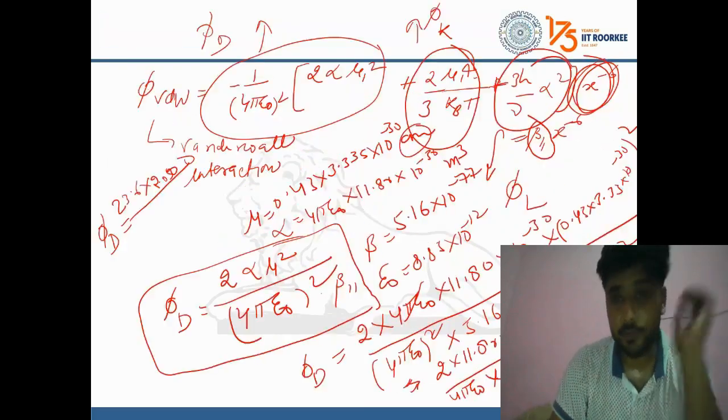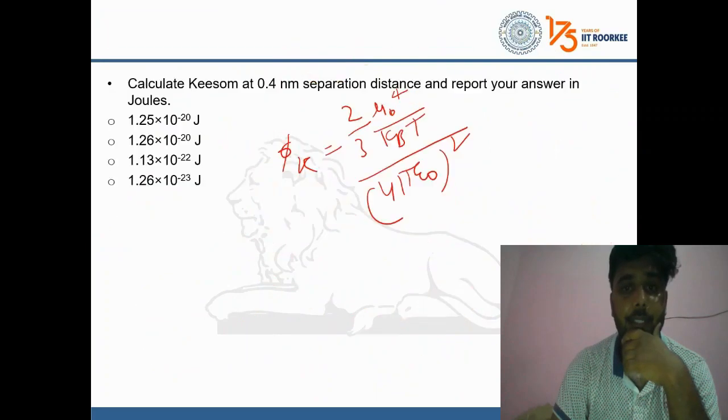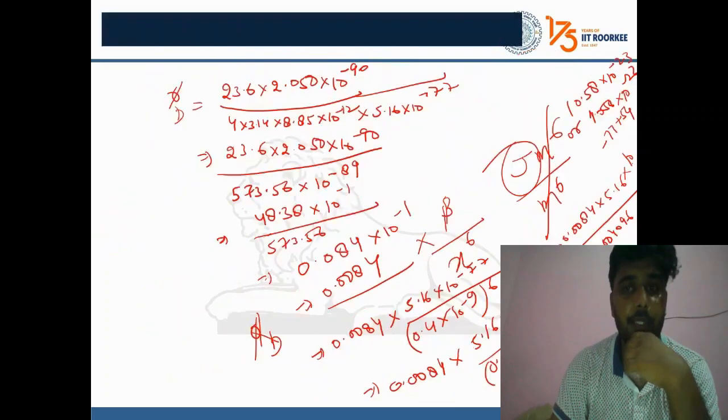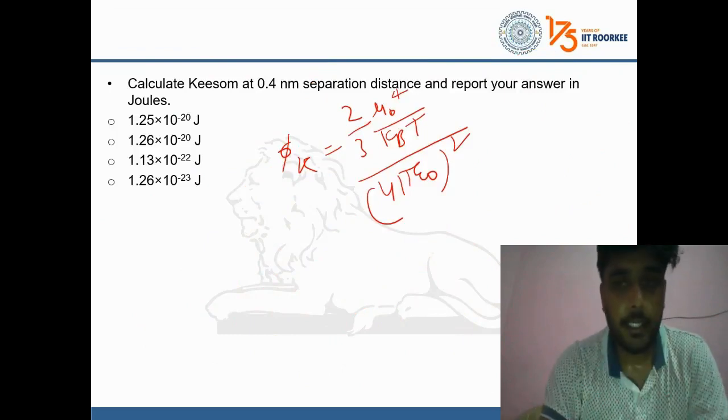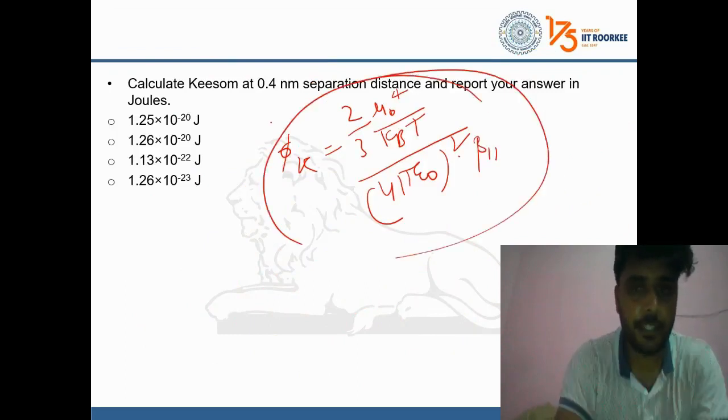Let me just confirm this value, 2 by 3 mu 4 kBT 4 pi epsilon naught square. Okay, and beta 1. So this will be the contribution due to the Keesom interaction.